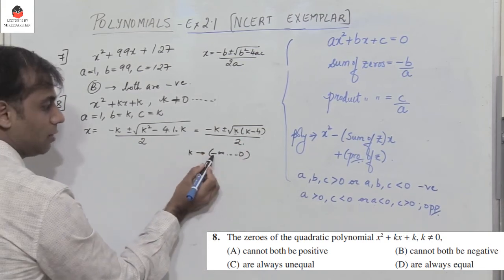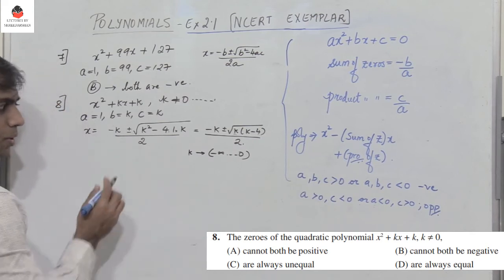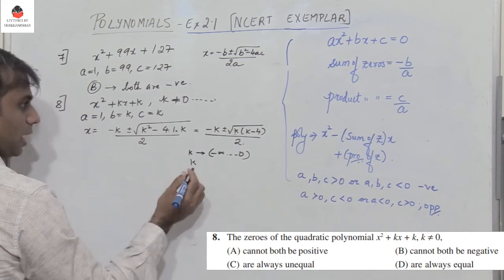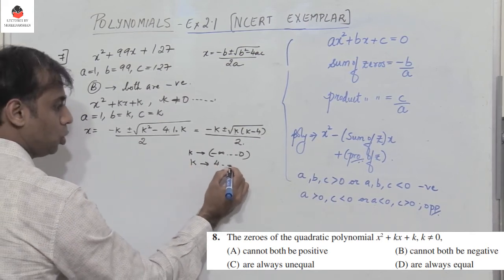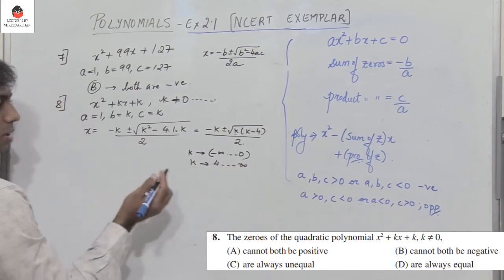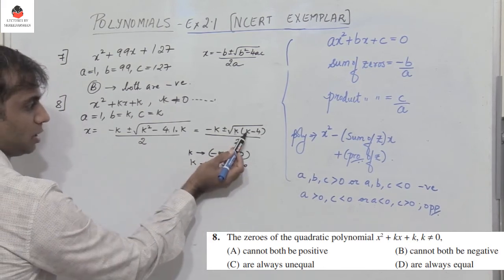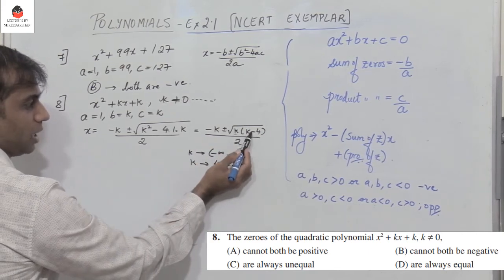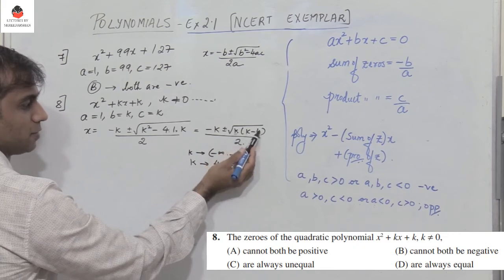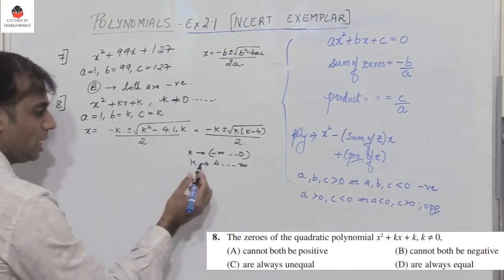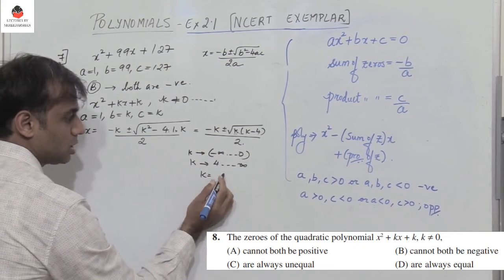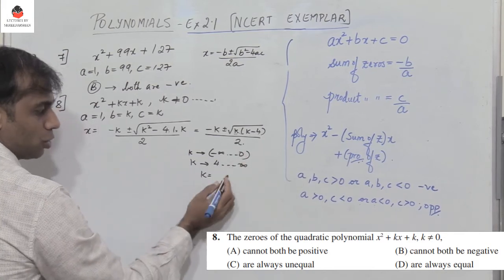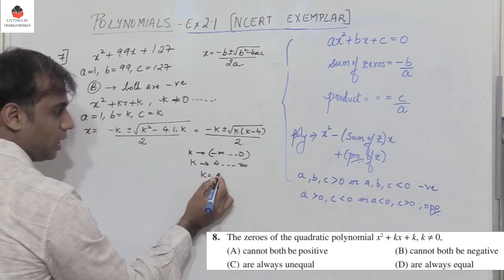So k can take a value from minus infinity to 0, or k can take a value from 4 to infinity. If the value of k is 4, then 4 minus 4 is 0, so this becomes 0. If it is 5, 5 minus 4 is 1 into 5, so this value is positive. Now consider any value of k between 0 and 4, so let's assume that the value of k is 2.